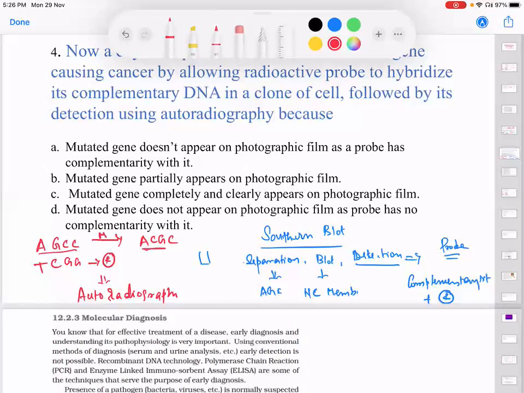The probe which can bind with the sequence before mutation cannot do so after the mutation, because the complementarity or pairing is lost. So if the probe doesn't bind, the radioactivity will not be seen, and you cannot detect the sequence through autoradiography. Your autoradiographic film for that particular DNA will be blank.